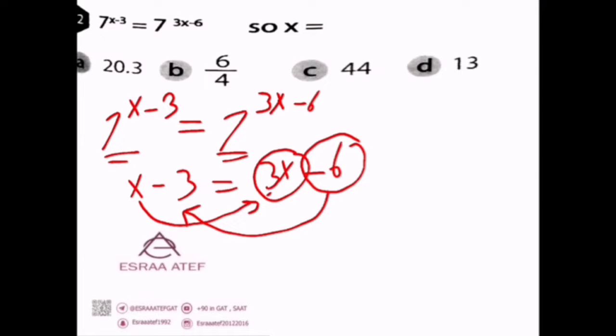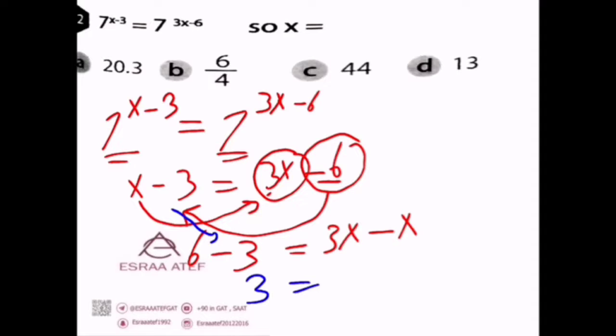So here it will be 3x minus x. We will take the x with a negative sign, and in the other part negative 6 we will convert to 6 with a different sign, and here we have negative 3. So 6 minus 3 gives me 3, and 3x minus x gives me 2x. So x equals 3 over 2.